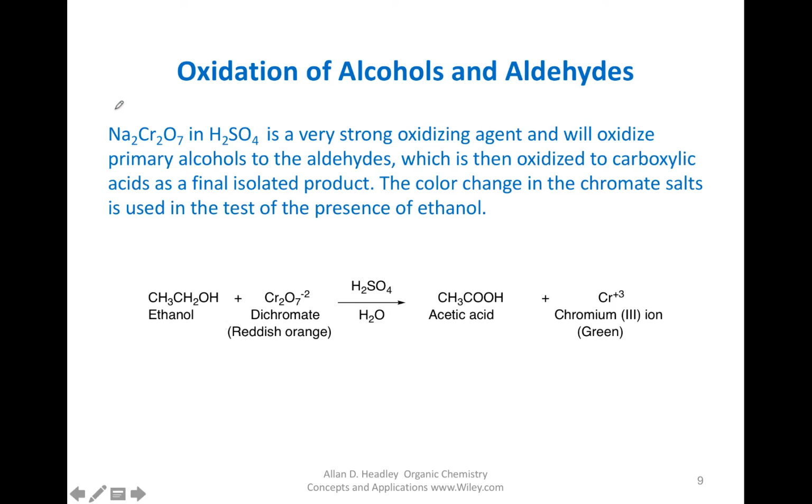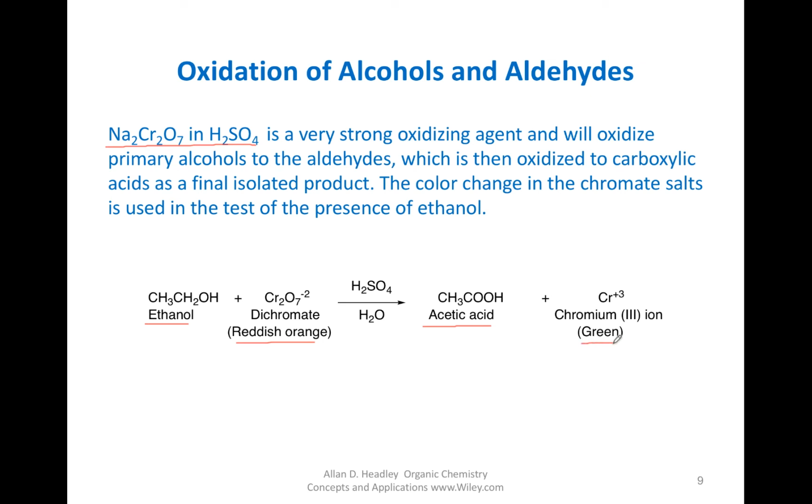Let us look at another oxidizing agent, sodium dichromate, which we have seen before. As we all know, a practical use of this oxidizing agent is it oxidizes ethanol into acetic acid. And of course, in the process, the reddish dichromate changes color to green.